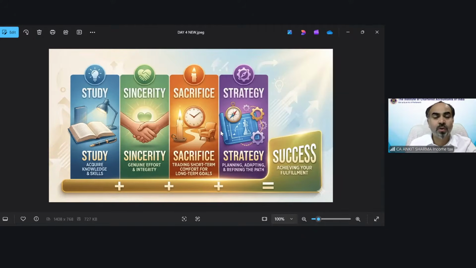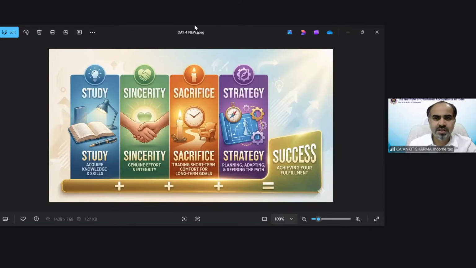So management is also important. If you are able to achieve these 4 S, then you will get success, that is, to become a chartered accountant as soon as possible. Please remember, if you focus on these 4 S, you are going to be a CA very, very soon. So that was the thought for the day.